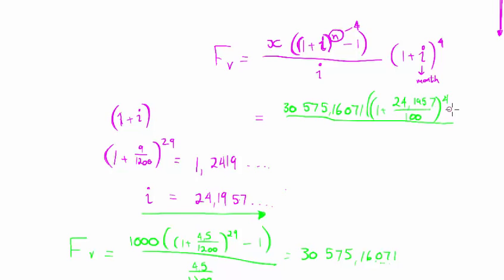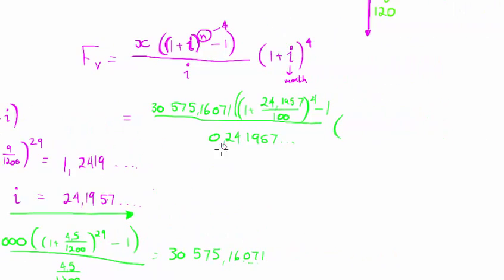To the power of 4 minus 1, divided by that same percentage, 0.241957, and this will give me how much I will have in the account after my 4th payment. Then it must still earn interest, but this time for 4 months. Each month it gets 9 divided by 12. So all of this will give me an amount.